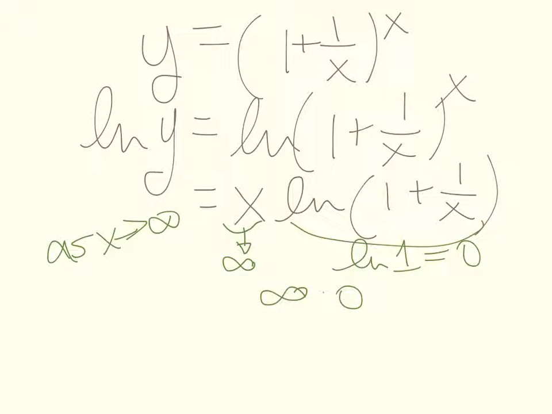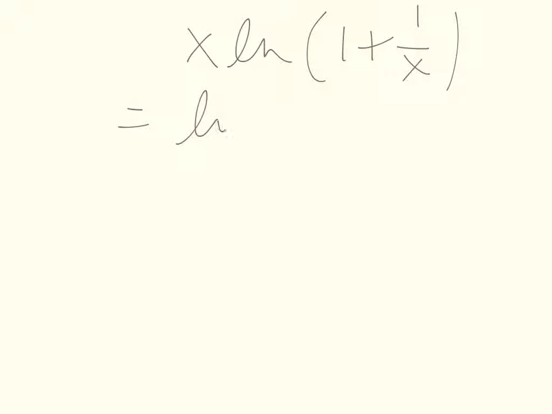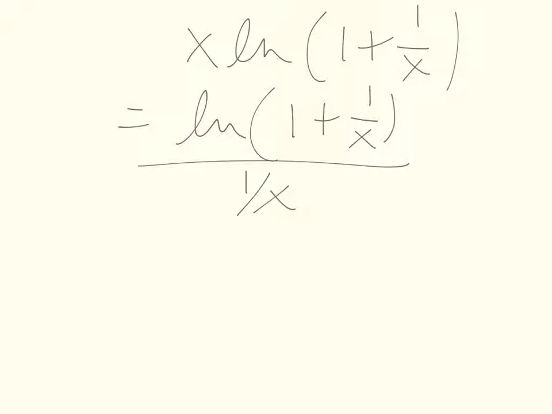Still not ideal for using L'Hopital's rule. For L'Hopital's rule, we have to have a fraction. So let's take a look at this. We have x ln of (1 plus 1 over x). Let's rewrite this as ln of (1 plus 1 over x) all over 1 over x, so that we can have a fraction. Let's put that x in the denominator as a 1 over x.